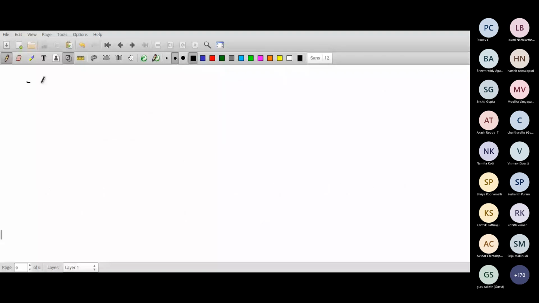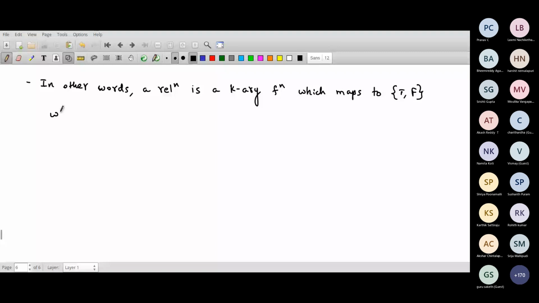In other words, a relation is a k-ary function which maps to true or false, where k is greater than 1.